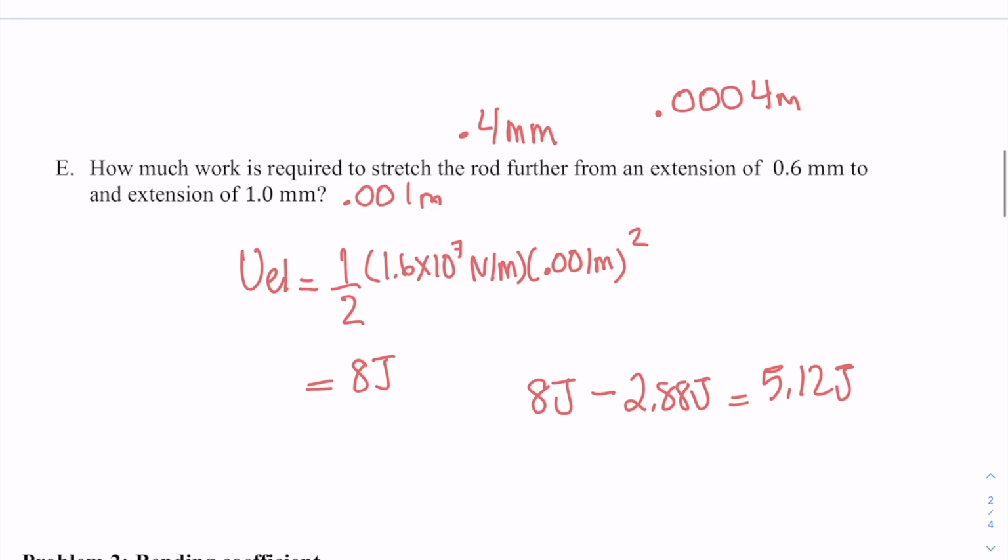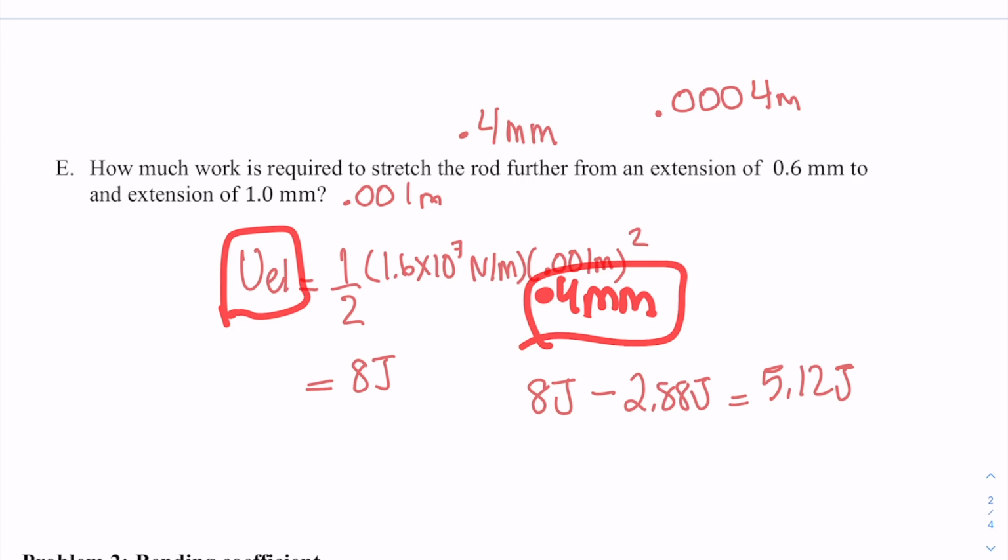Since the relationship isn't linear here, but it's not just that it's linear or not linear, it's the understanding of the definition of what delta L is, the distance that you compress or stretch the spring by. So if we define delta L to be 0.4 millimeters and plug that in here, we're trying to figure out the elastic potential energy at 0.4 millimeters.